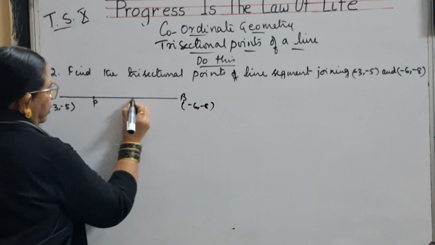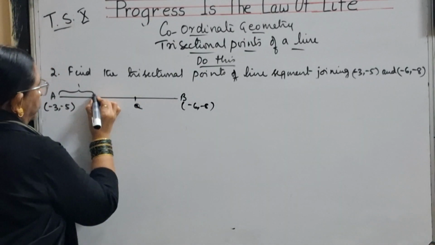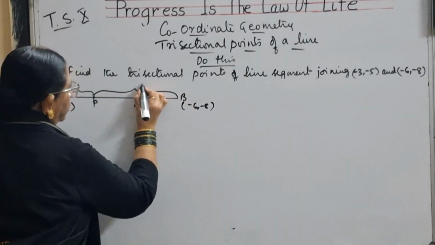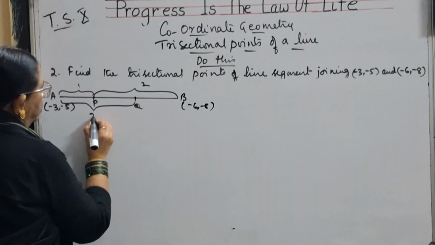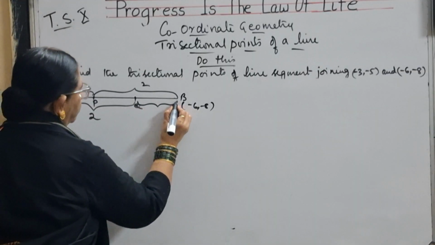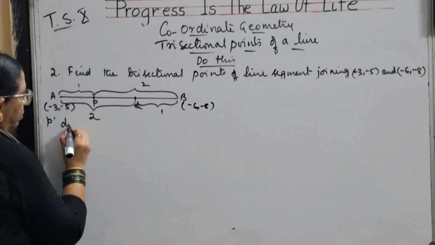This is P, this is Q. P divides AB in 1:2 ratio. Q divides AB in 2:1 ratio. So we'll write with P.